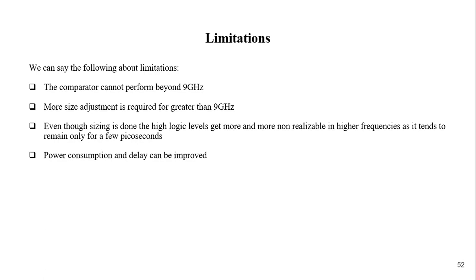Yes, it can perform beyond 9 GHz, but for that more complex optimization needs to be done, like machine learning algorithms or even different circuit structures. So that is the limitation. Also the power consumption and delay can be improved.